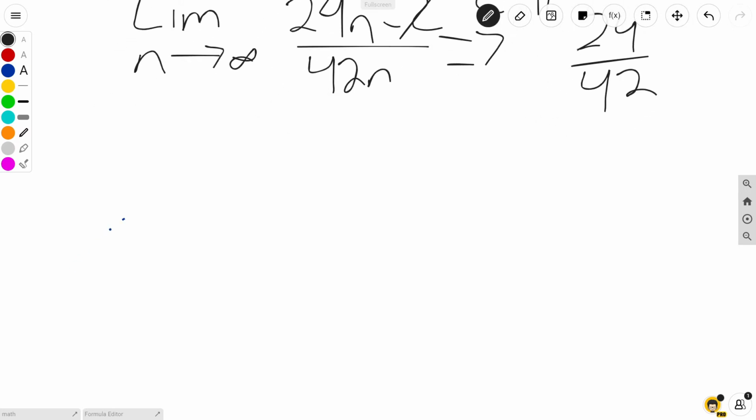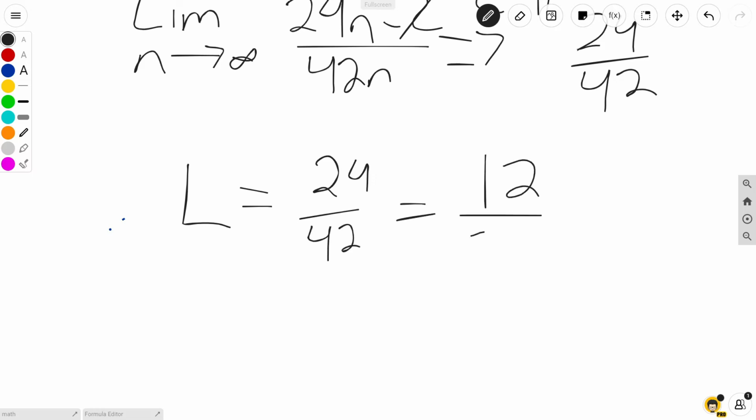So in doing so, L came out to be 24 over 42. When we divide both terms by 2, we get 12 divided by 21, which can further be simplified if we divide both terms by 3 to 4 over 7. And that's our L. So L is equal to 4 over 7.